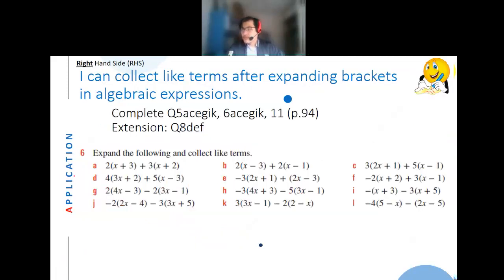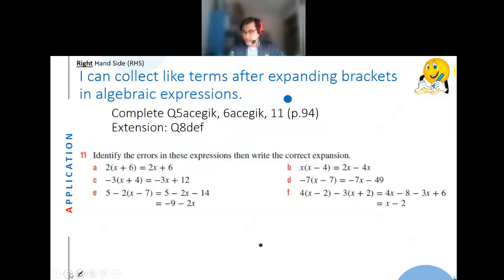And then you just have to do question 6 here. 6 ACE GIK. Okay, so have a go at this question here, and then also you can try question 11 here, and for question 11, it's kind of like you're trying to find the mistakes that people make, okay, and see if you can spot where people have done the wrong thing, okay?